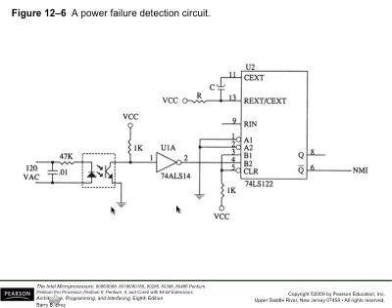When we have a power failure, this transistor will stop conducting current, so this point will be pulled high because of this pull-up resistor here.